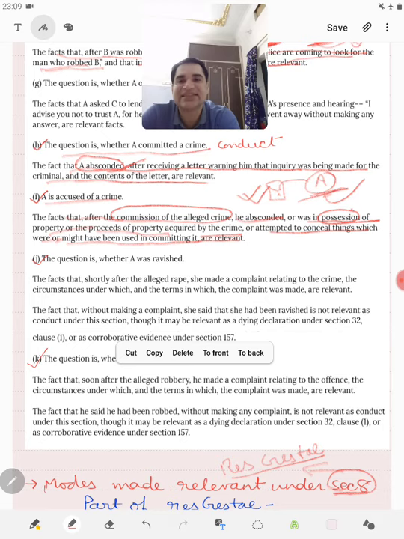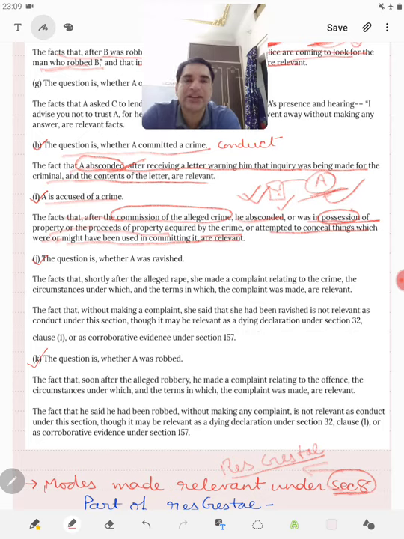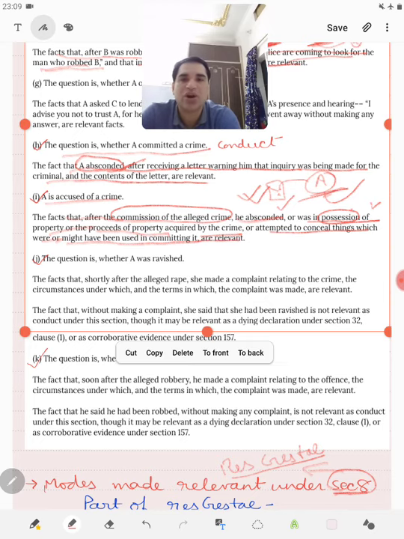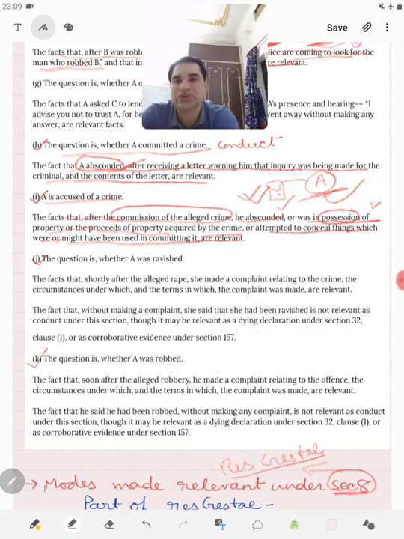So where a person is accused of the crime and he either runs away, or is in possession of the property against which the crime has been committed, or attempts to conceal those things, then those things are also relevant as a part of conduct subsequent to the fact in issue or relevant fact.